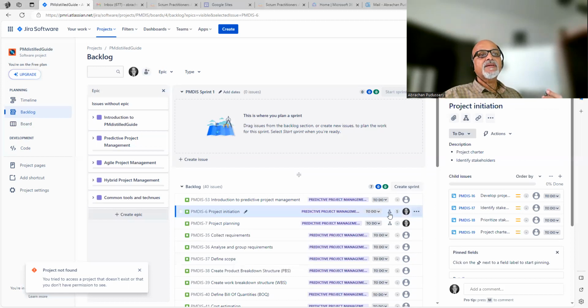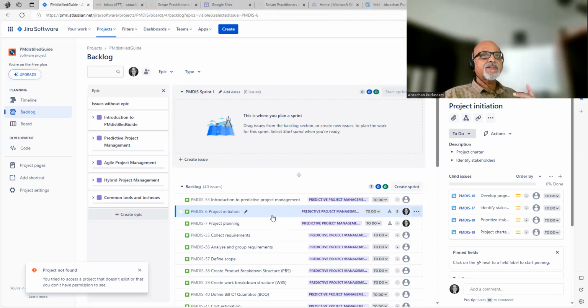Then we get this icon here. This is more like a breakdown structure kind of icon. That is an indication that there are tasks under this particular story. So this is a product owner. A good product owner will have to get obsessed with product backlog grooming.